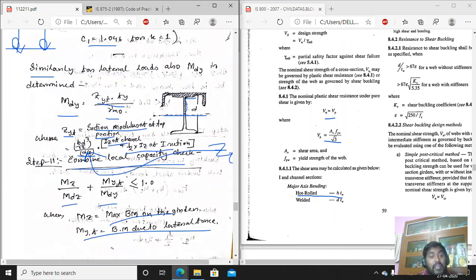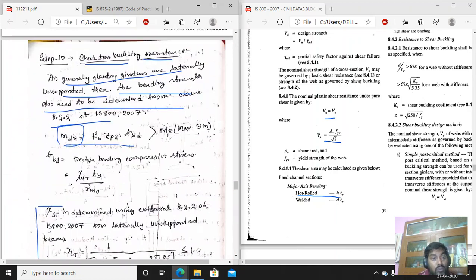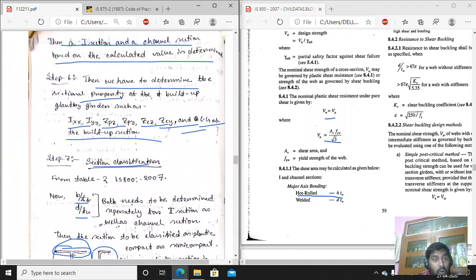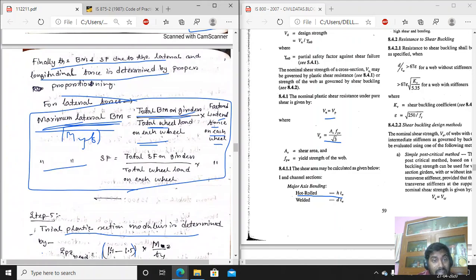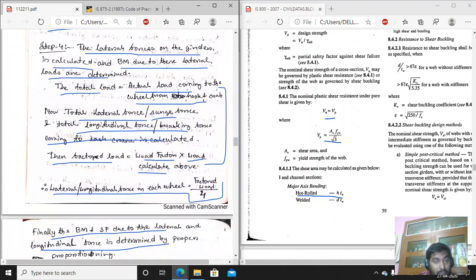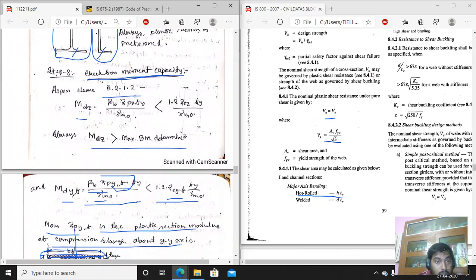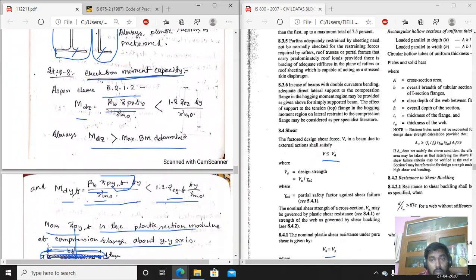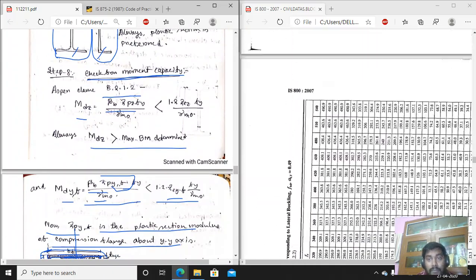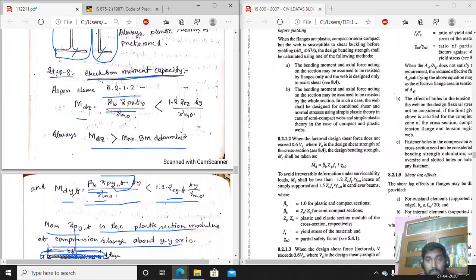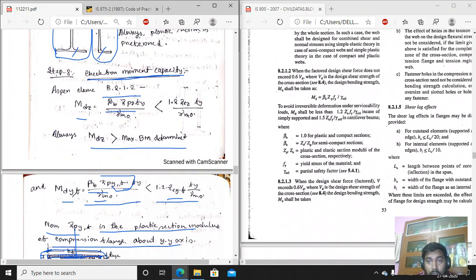Now as we are assuming that we are using that formula, beta b Z p by gamma m0, this formula can only be used if you can see here, if it is a low shear case, 0.6 Vd.